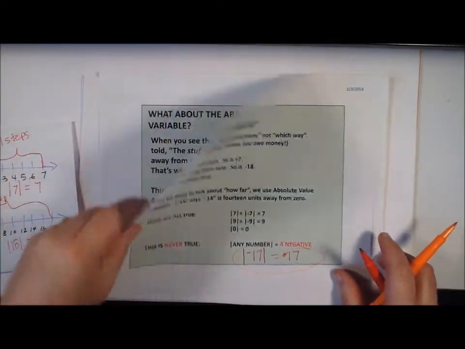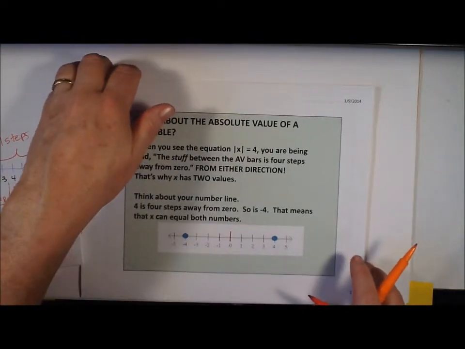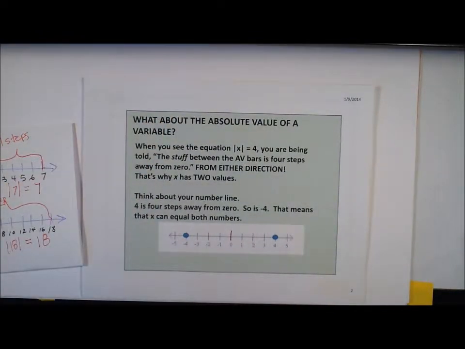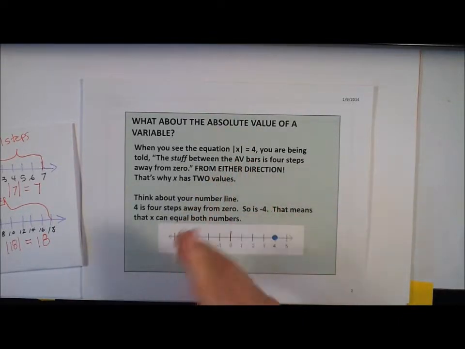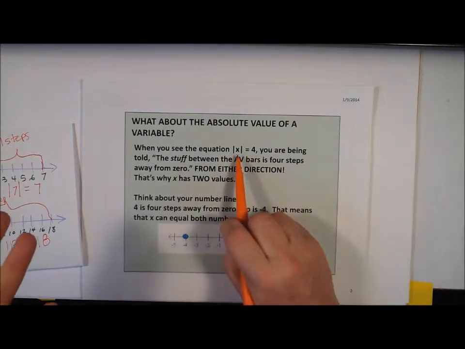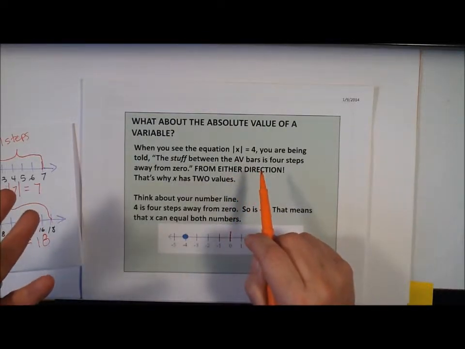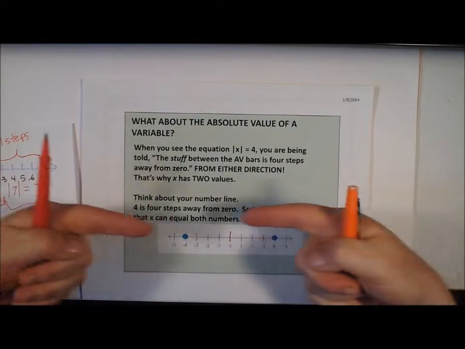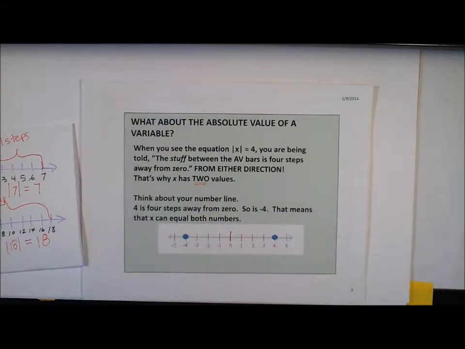And you've seen absolute values before, but let's talk about what the absolute value of a variable might be. So here we have the equation, the absolute value of x equals 4. What this is telling you is that the stuff between the absolute value bars is 4 steps away from 0, from either direction. And that's why x has 2 values.